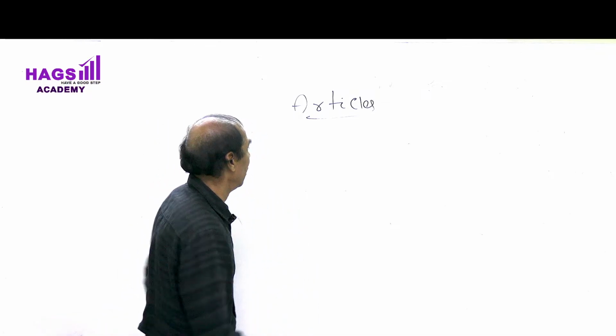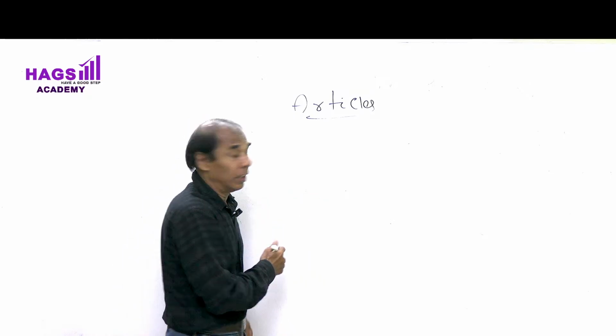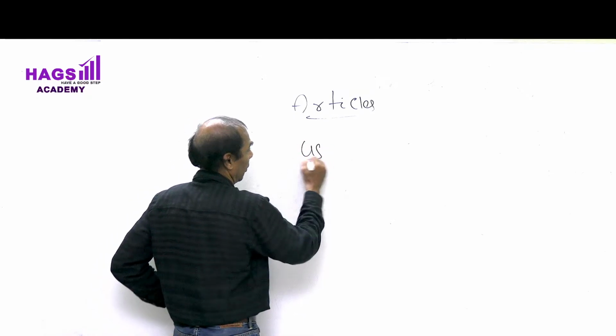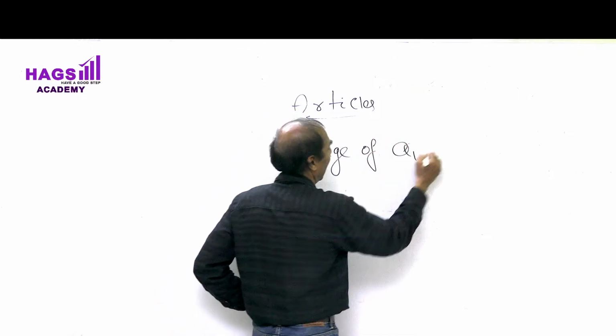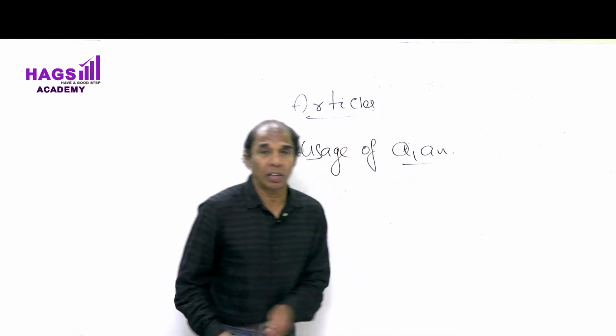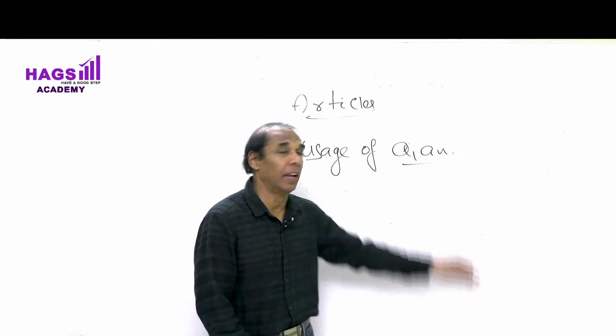Right, my students? Look at the board. First, usage of a and an. Of all the 3 articles, a, an, and the, first let us learn the uses of a and an.